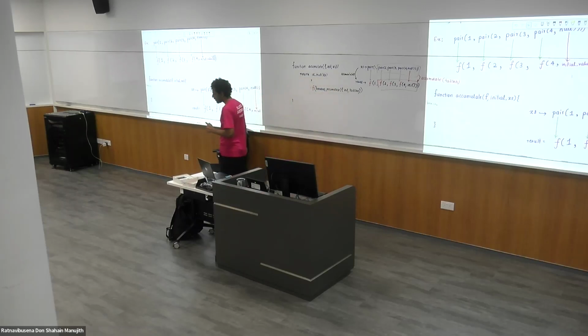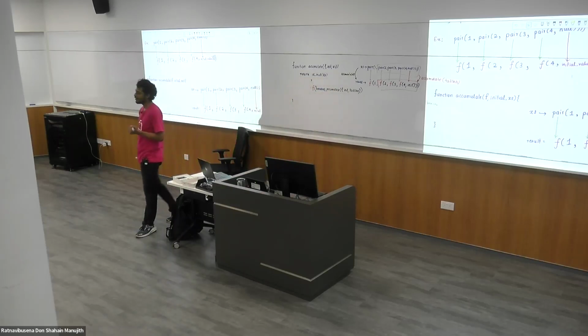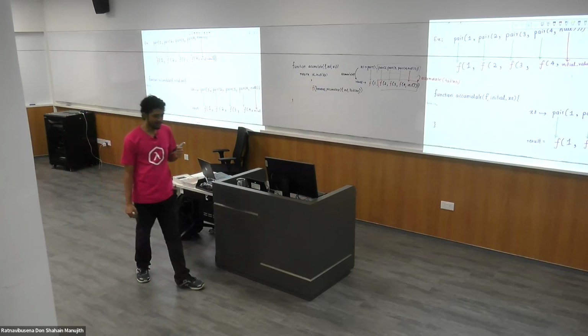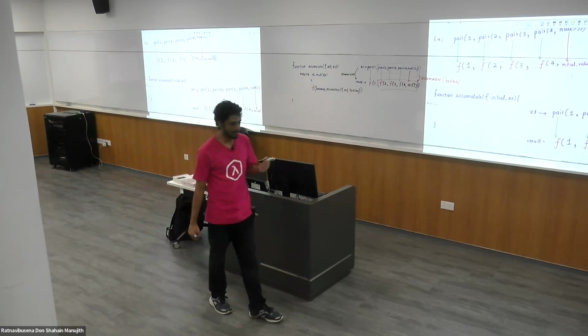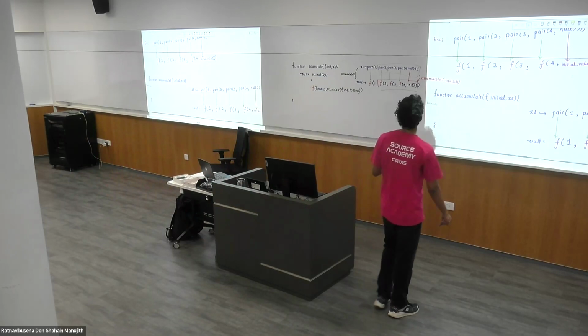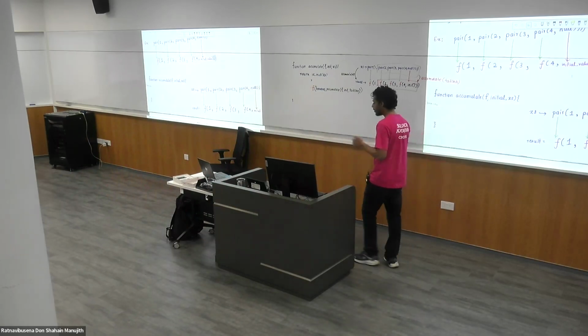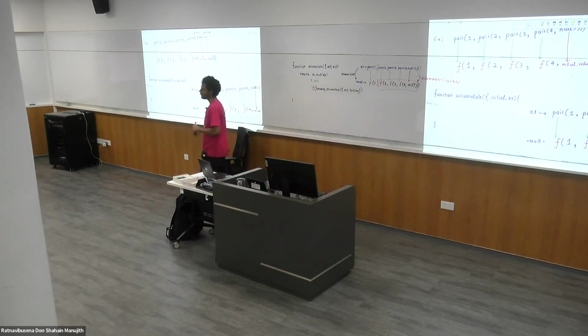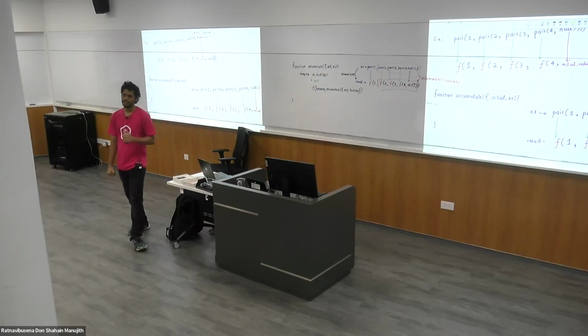Should I return null? You should not return null, right? Because what did I say? Accumulate must replace every single pair call with f and replace the null value with initial, not null. So here I must actually return init. Is that clear to everyone?